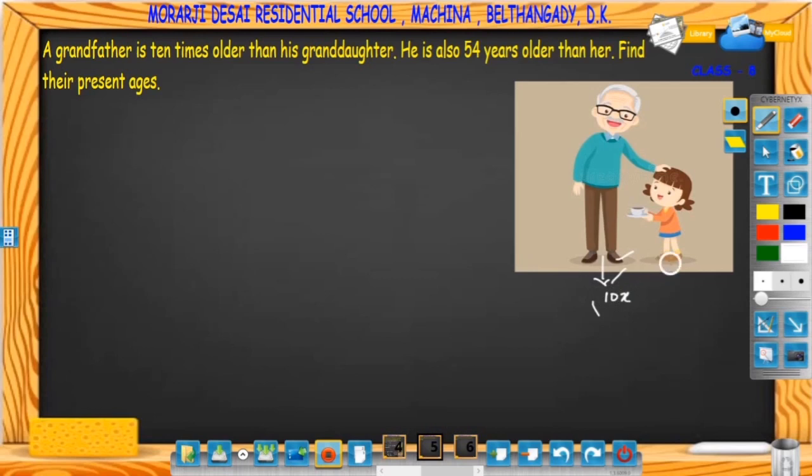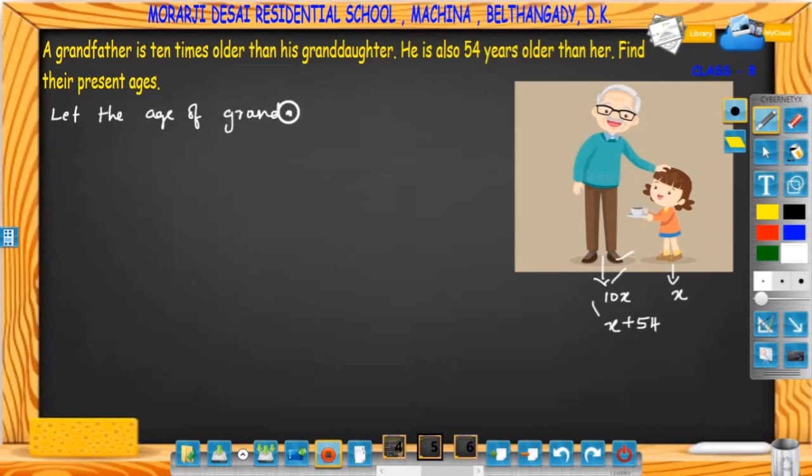Now it is given that he is also 54 years older than her. His age is 54 years more than granddaughter, that is x plus 54. Now 10x and x plus 54 are equal because it is the age of grandfather.